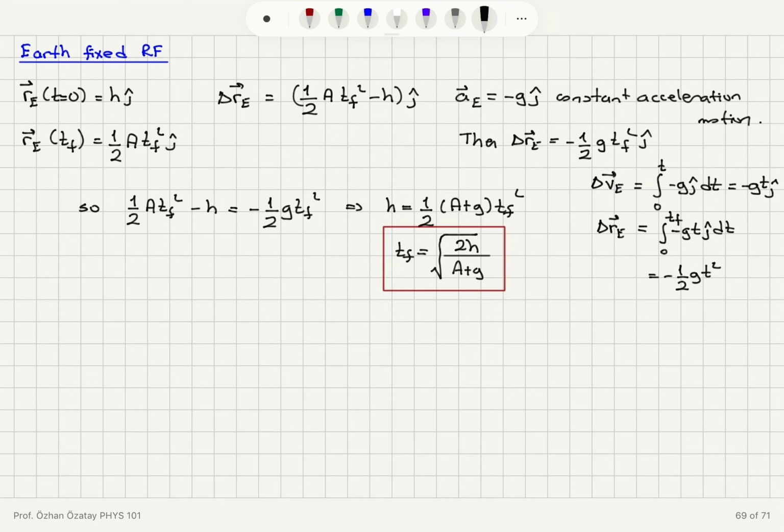Therefore, this will be my displacement in the Earth reference frame. So the displacement 1/2 a t final squared minus h is minus 1 over 2 g t final squared, which gives me the same answer for the time it takes for the bolt to drop to the bottom of the elevator.